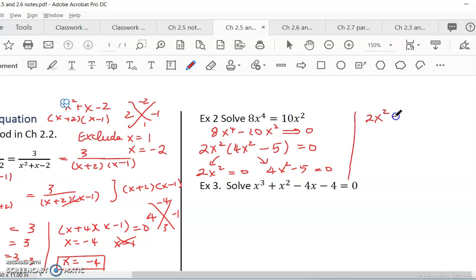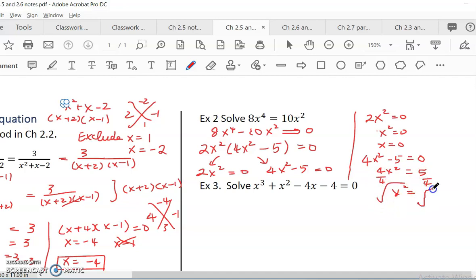2x squared equal to 0 means x squared equal to 0. And x would equal 0 because when you do square root of 0, it's just 0. 4x squared minus 5 equal to 0 means 4x squared is equal to 5 because you plus 5 on both sides. Divide by 4 first, divide by 4. So x squared is equal to 5 over 4.